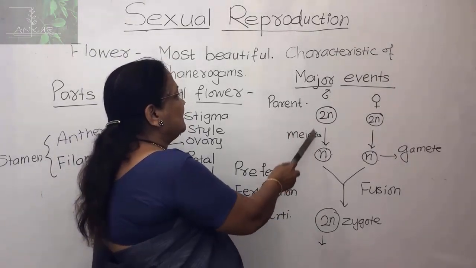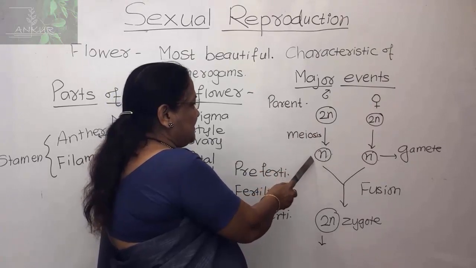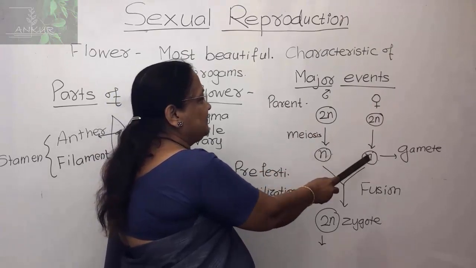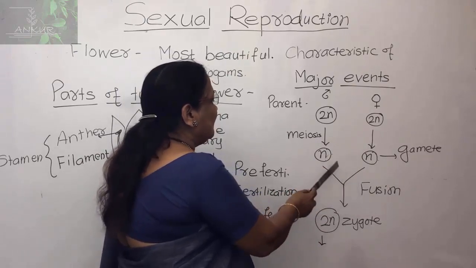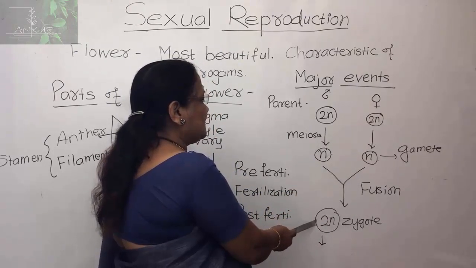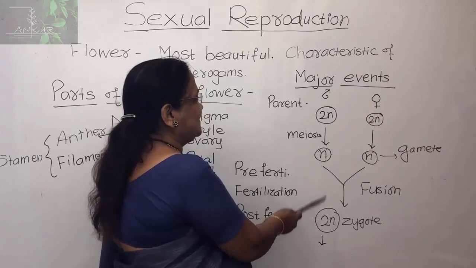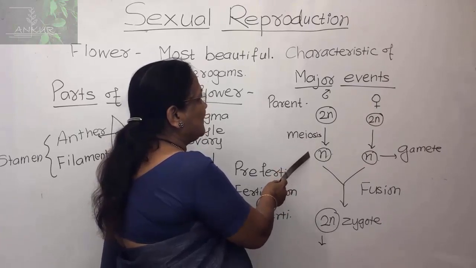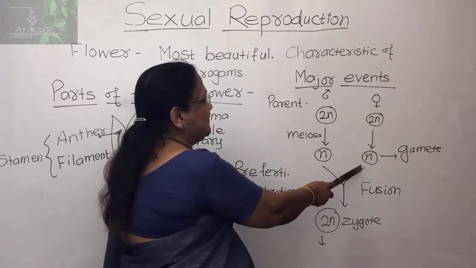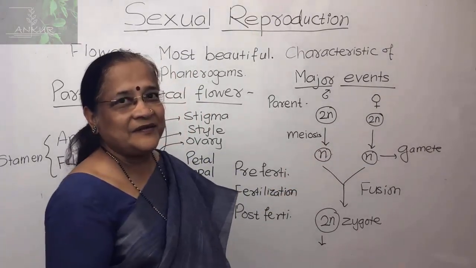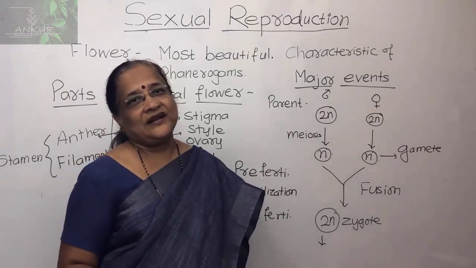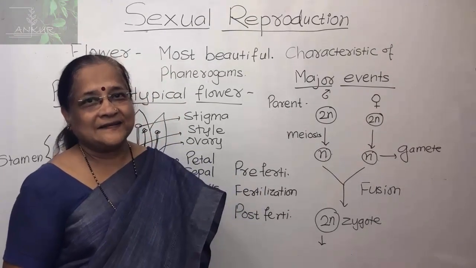So here the two gametes, the male gamete and the female gamete, get united or fused, and we get the formation of the diploid structure again, with one gamete from the male and another gamete from the female. Fusion of these male and female gametes is called fertilization.